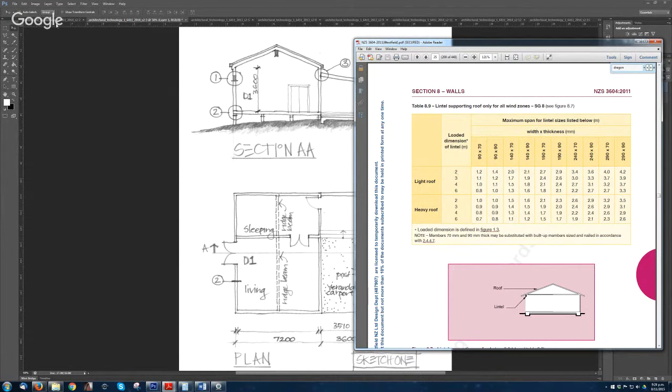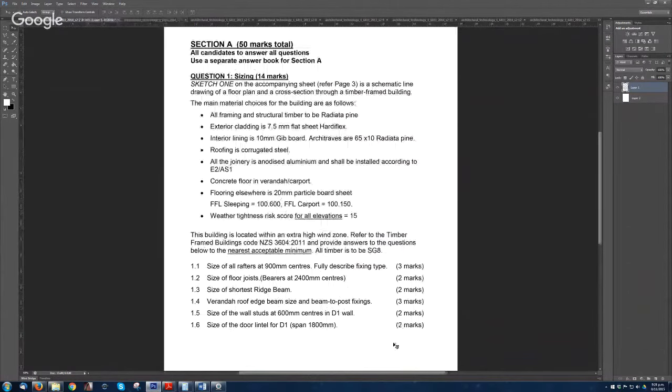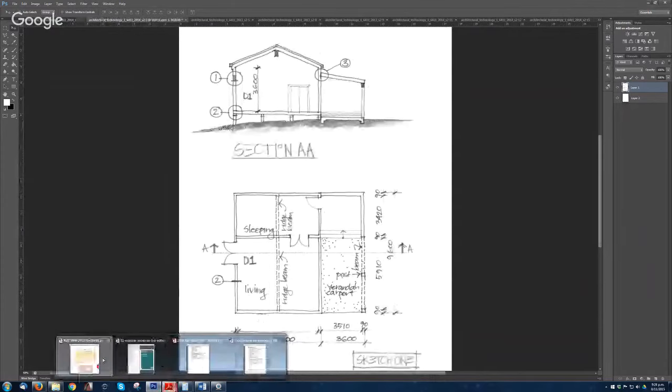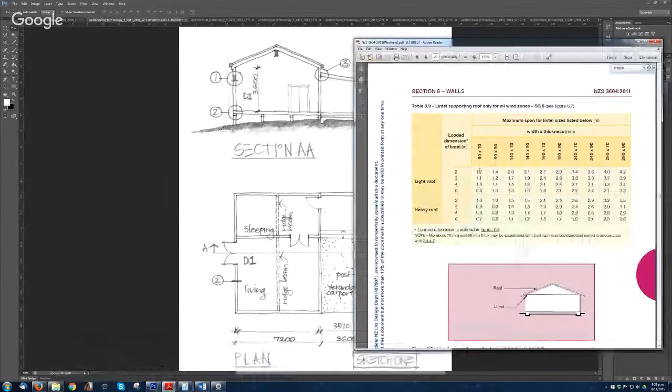And the span is 1.8 as well. So you go to your table. You can choose this one here, 140 by 70. And well, you could also choose 140 by 90 if you wanted to. They're both okay. It just needs to be more than 1.8.